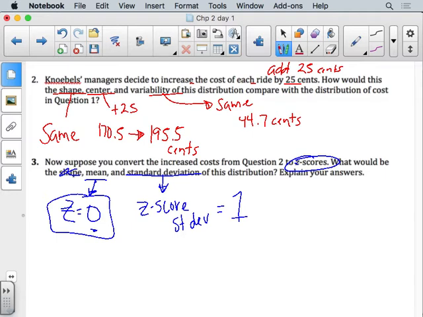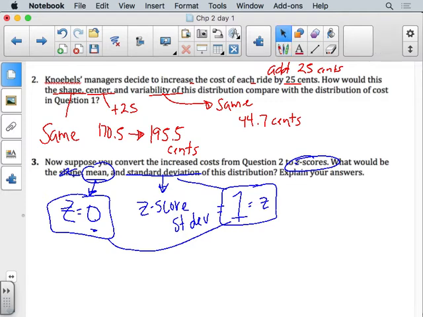For z-scores, every time I have a center of 0 and my standard deviation equals 1. So for all z-scores, the mean equals 0 and the standard deviation equals 1.